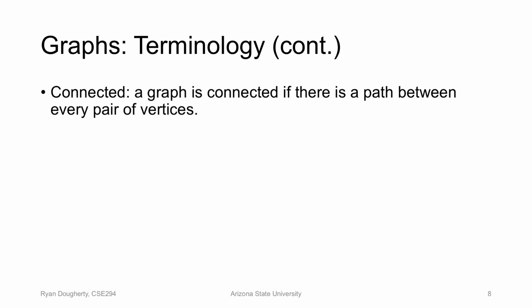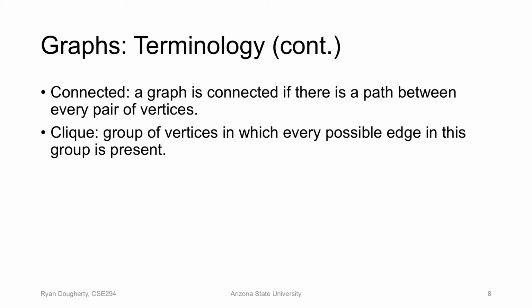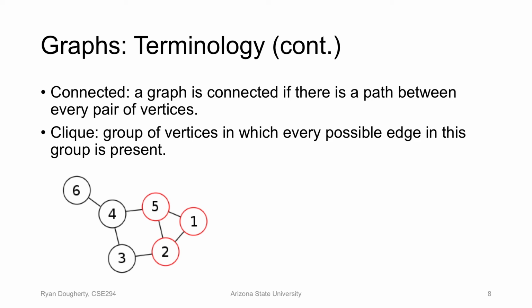So, a clique, some people pronounce it differently, but I actually say clique. What that is, is a group of vertices where every possible edge exists between them. So just as an example, here is a connected graph, right? There's no vertex in here for which I can't reach it from anywhere else.